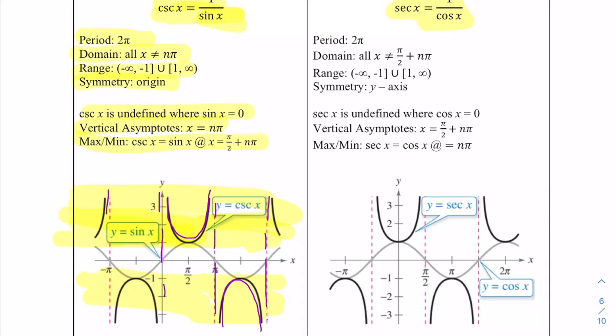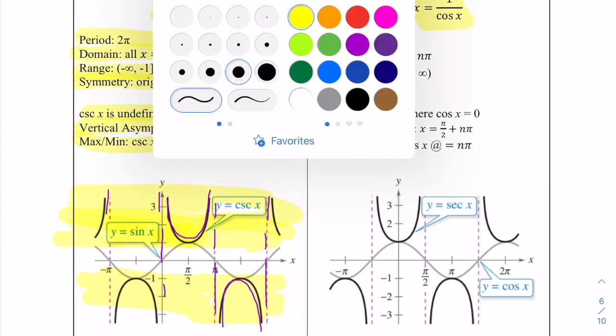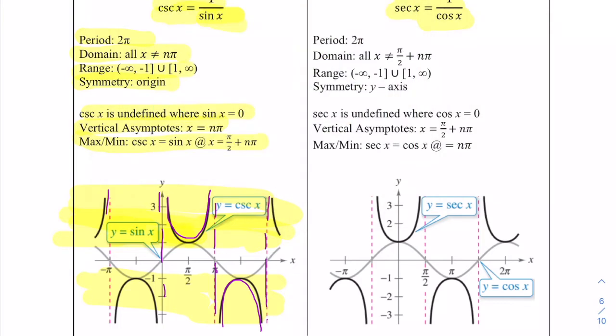Now, as we look at secant, make sure you find the differences. So there's definitely a lot of similarities. We still have the same period. We still have the same range. But if you notice, the asymptotes are going to be at pi over 2 plus pi n, because that is when cosine equals 0.